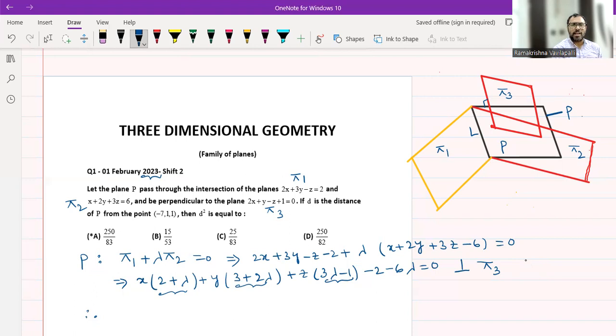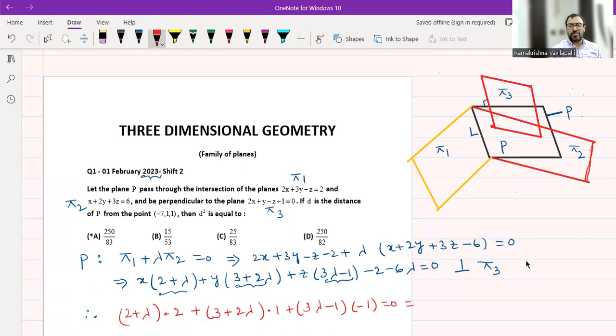So therefore I'll write 2 plus lambda into 2, plus 3 plus 2 lambda into the y coefficient here, 1, plus 3 lambda minus 1 into the z coefficient here, minus 1, equal to 0.